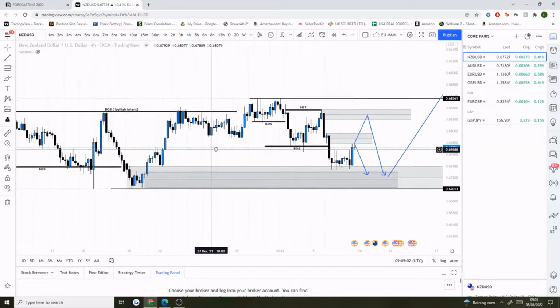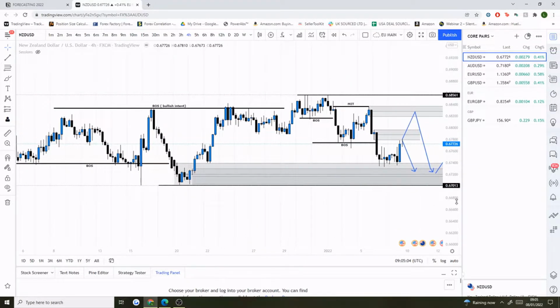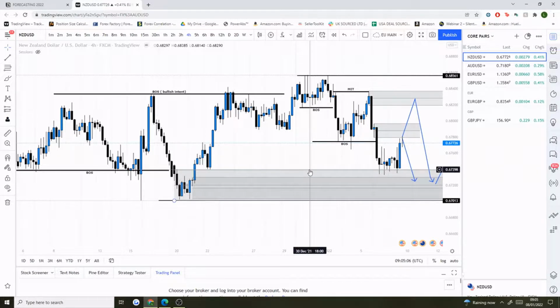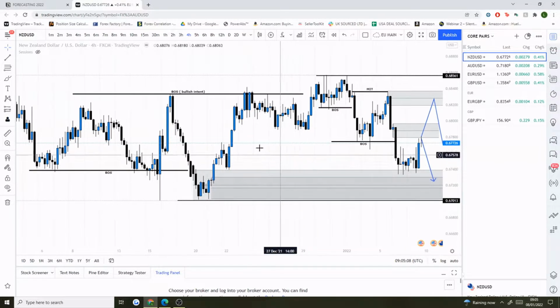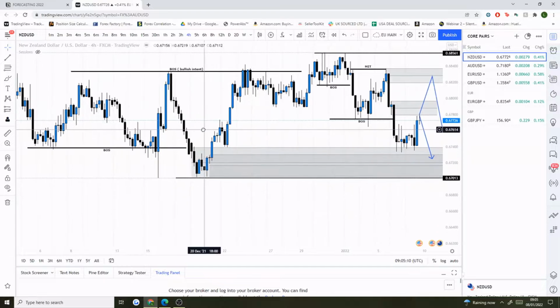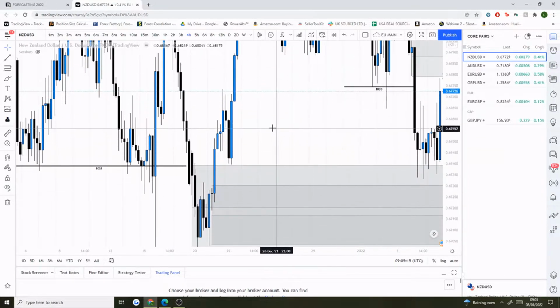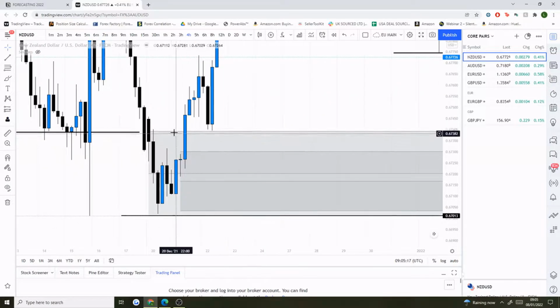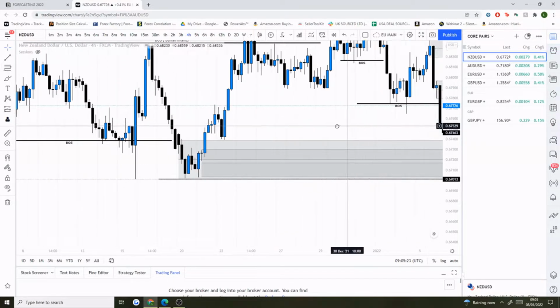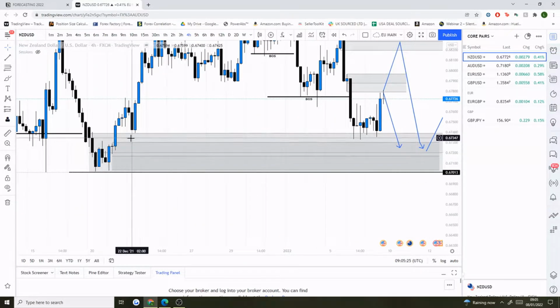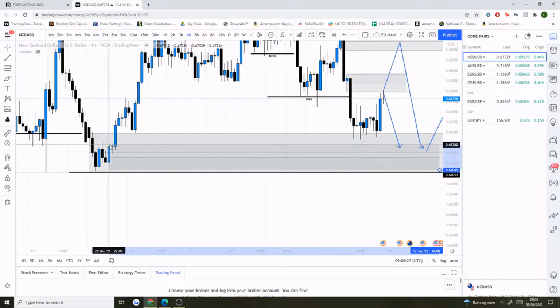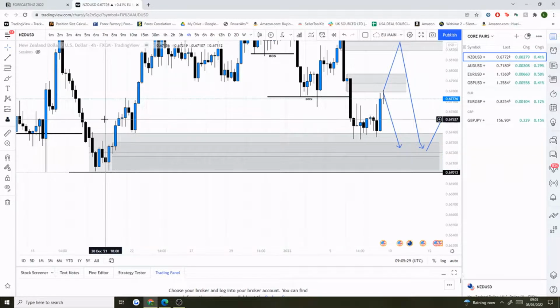Firstly, what I want to talk about is within that whole point of interest on the daily, if we're looking at the refinement of it, what we've actually got here is this imbalance. We've got that imbalance there, and then further down we've got our more refined point of interest.